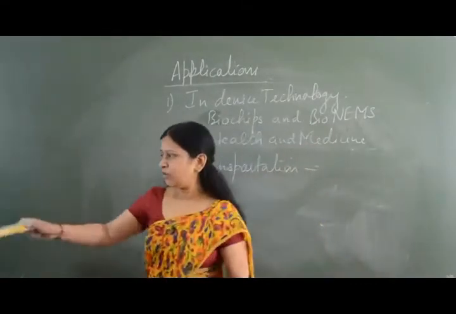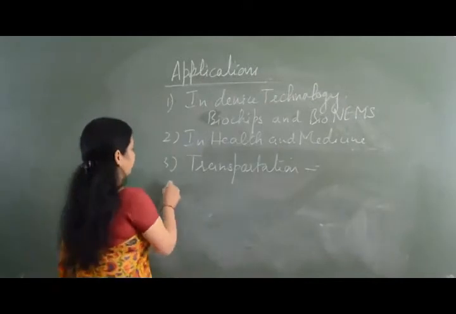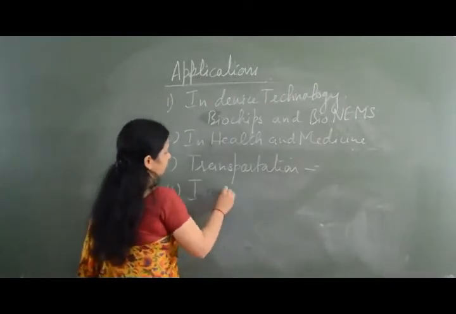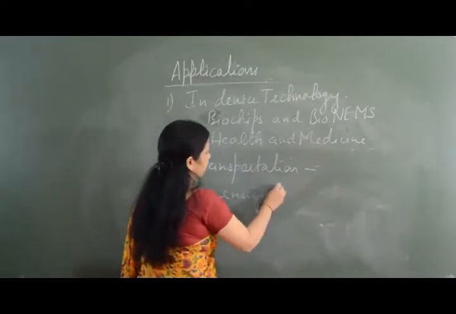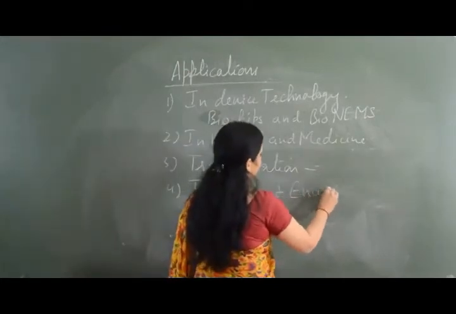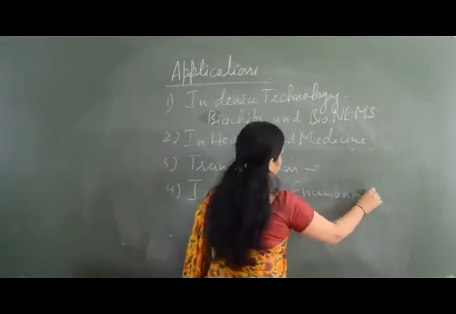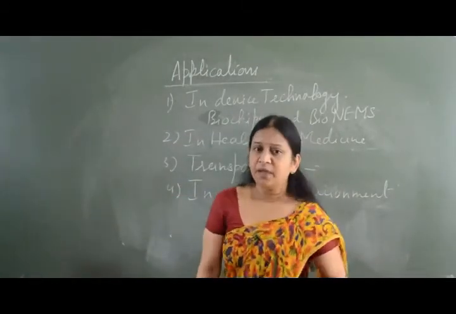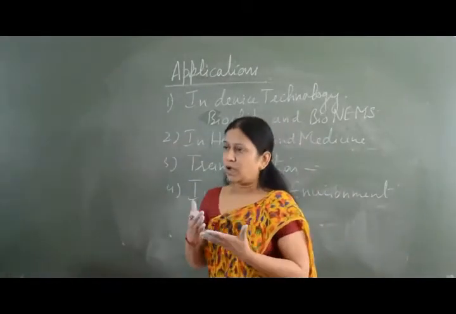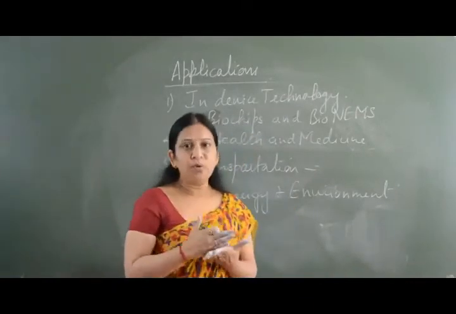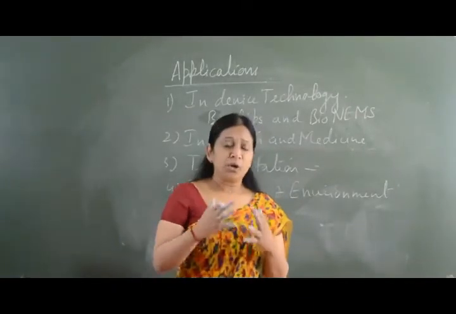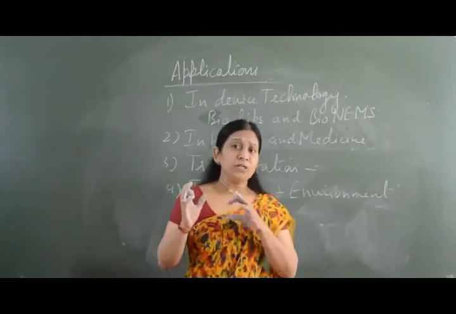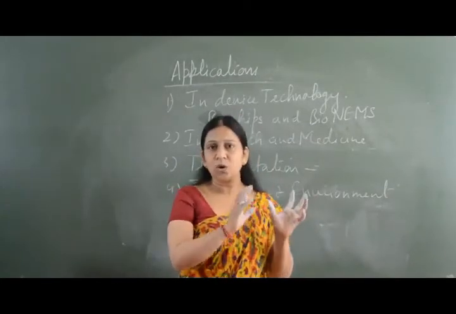The next application, it is used in energy and environment. Now, in energy and environment, they are used to store hydrogen. The hydrogen storage is a problem when we are using fuel cells, because in fuel cells the fuel is hydrogen and the oxidant is oxygen.